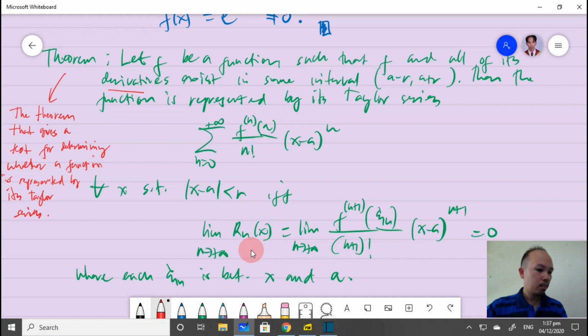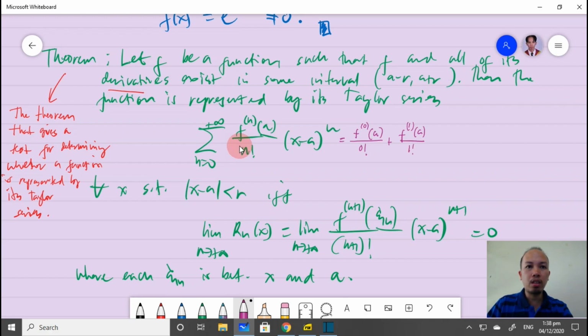Okay, so all you have to do is expand this one up to n. For example, let me write it here. This is f evaluated at a over 0 factorial, plus the first derivative evaluated at a over 1 factorial.